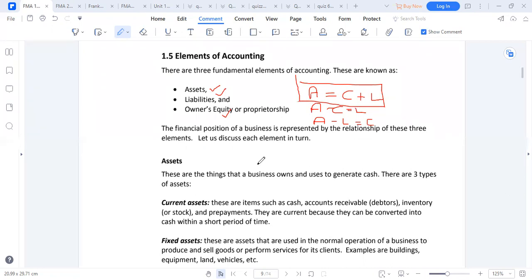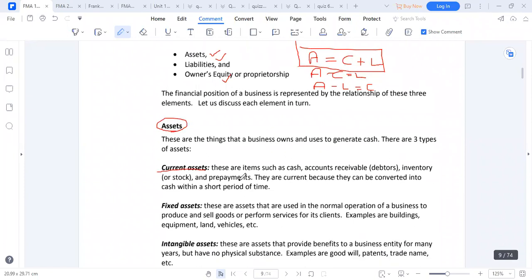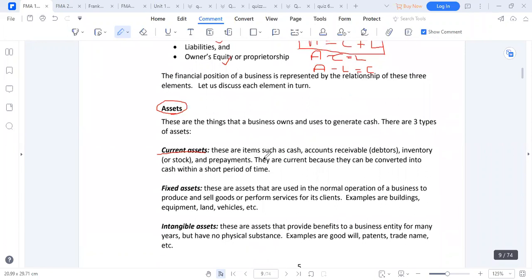So there are two types of assets that you need to know. They are what we call current assets. These are assets that are easily converted into cash within a short period of time. They are arranged in order of liquidity. The most liquid asset is cash. Then we go to the bank, and we go to the what?